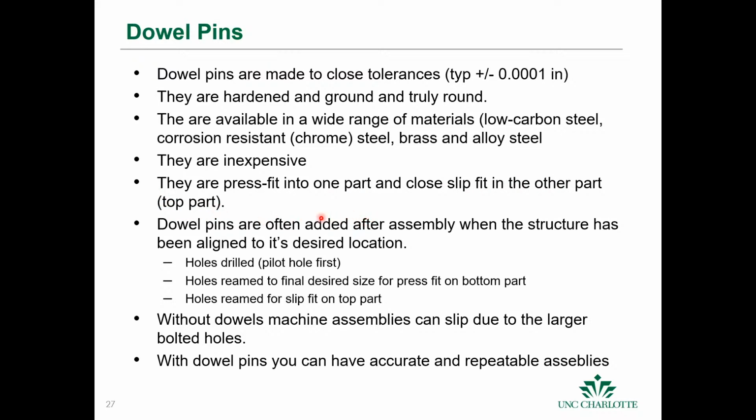Okay. So dowel pins are often added after. They're not always added after, but they're often added after assembly. And so what you can do is kind of bolt everything together, and then when the structure's been aligned to where you want it to be aligned, then you can drill the hole, pilot the hole first, drill it, ream the hole for the press fit on the bottom part, and then ream the hole for the slip fit on the top part, and then you can install your dowel pin.